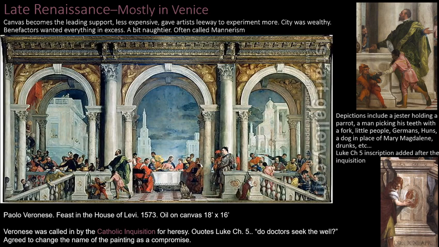So this is a really serious thing. You can't make a painting that is against what the Catholic Bible teaches. So you could be burned at the stake or something. You could absolutely be killed for it.